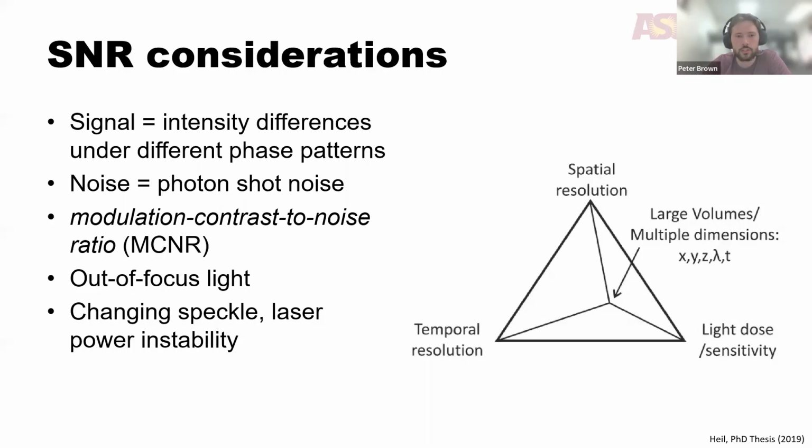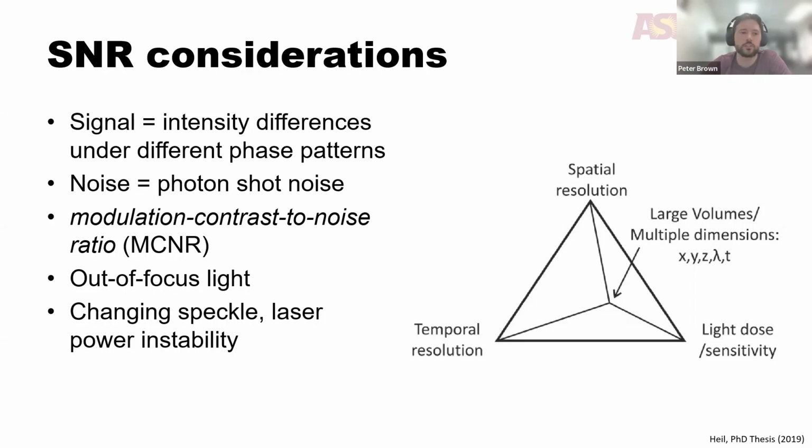In SIM, the situation is similar, but there's an additional signal that we have to think about, which is the moire pattern signal that's giving us the super resolution information. So here the signal is not the total intensity that we capture, but rather the difference in the intensity between SIM images after we've stepped our phase pattern.